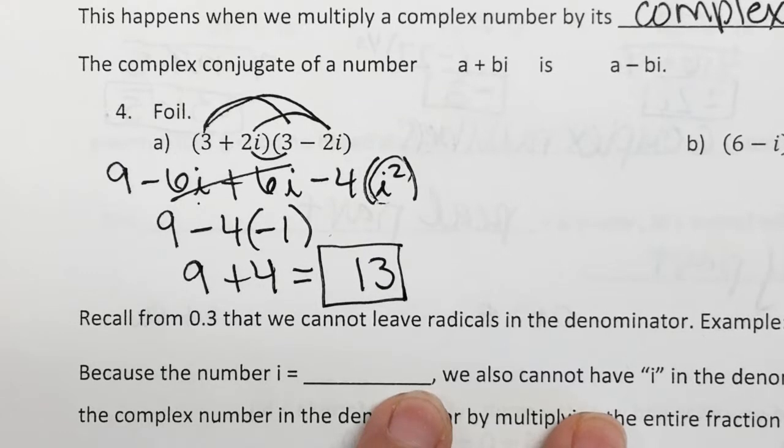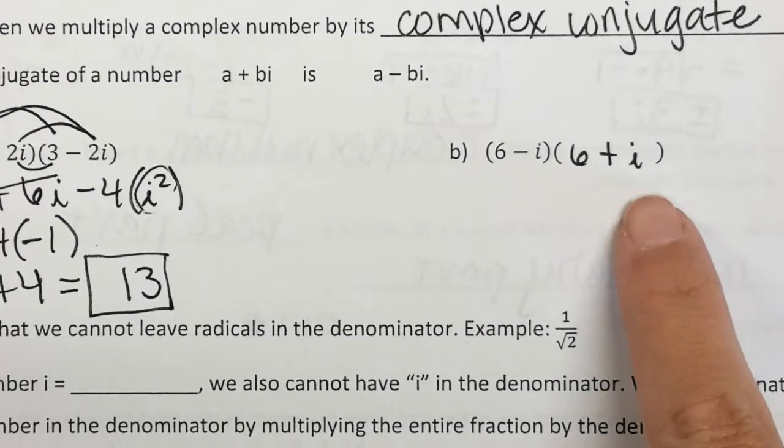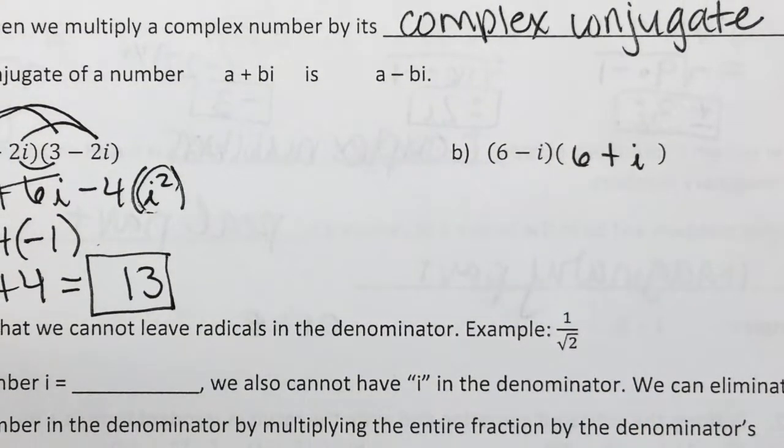Try B on your own. That means y'all didn't write it in. Telling on yourself, Solomon. Go ahead and try that one on your own.